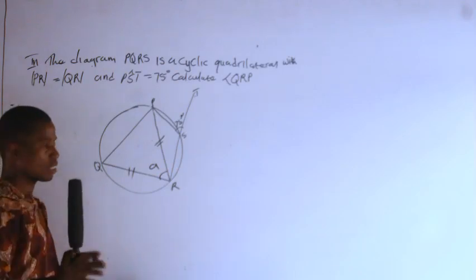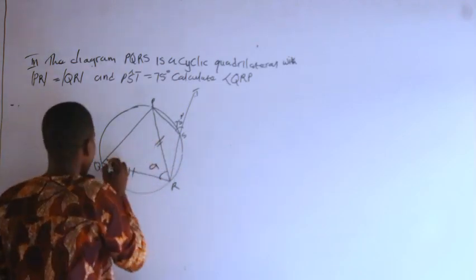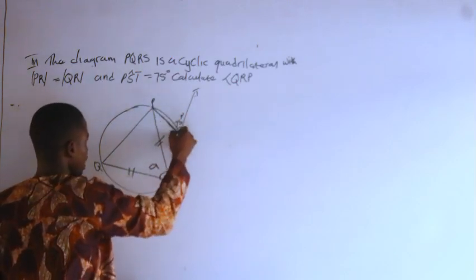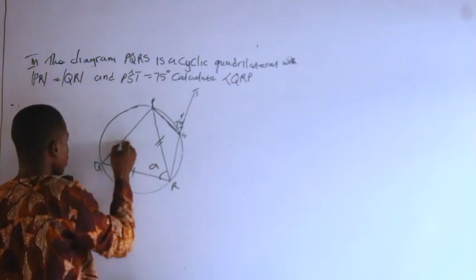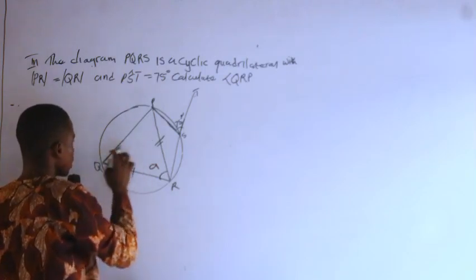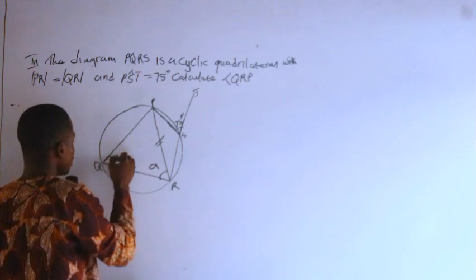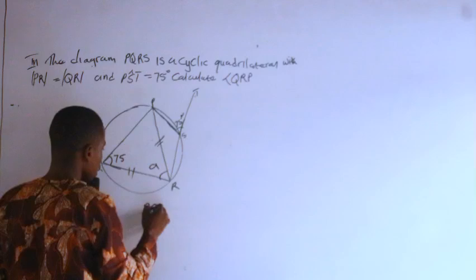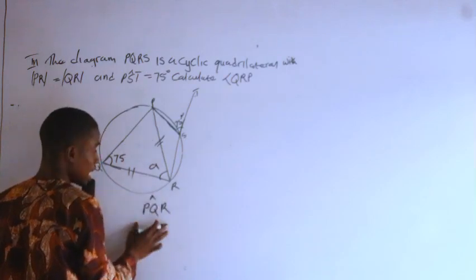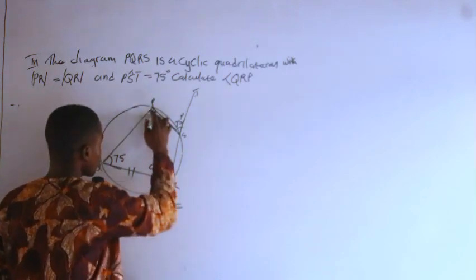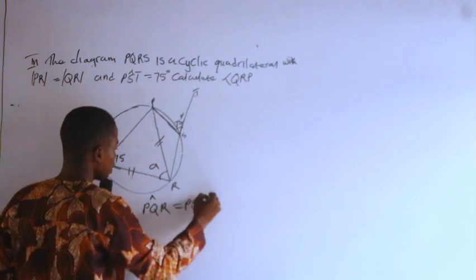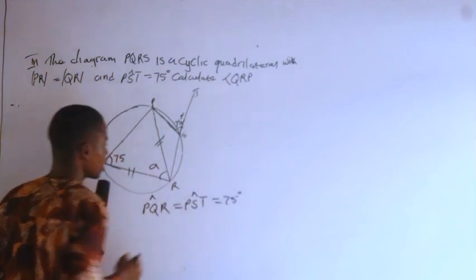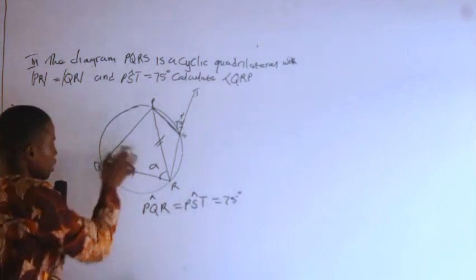Now, notice this angle is the same thing as this angle, which is 75. It means that angle PQR equals angle PST, and all of them are 75 degrees. You now put 75 degrees.